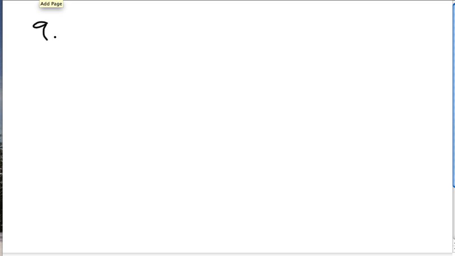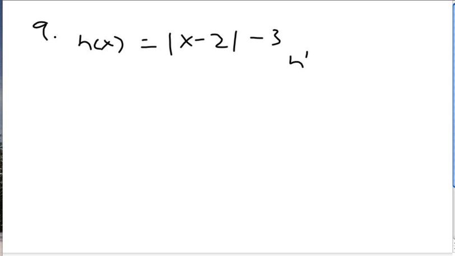Now question 9. This is very simple. Again, what is prime? Slope. The derivative equals the slope. My way to do this is that x equals 2 is a transition point.